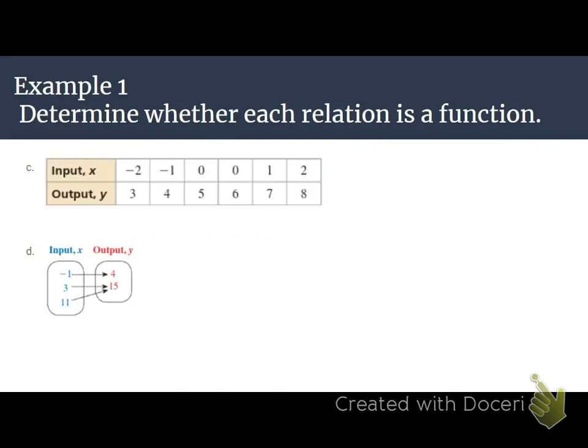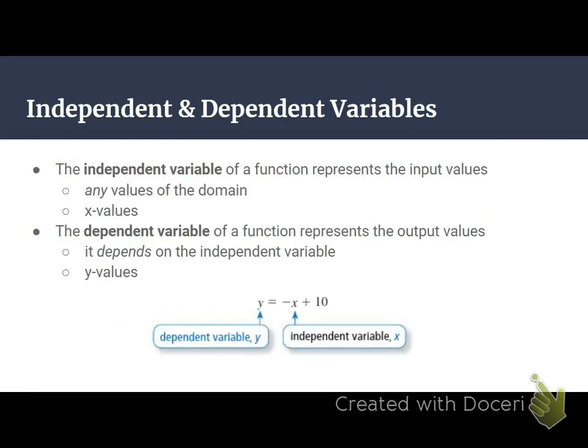Okay, so we're ready to go back to our independent and dependent variables. So we're on that last page of your guided notes. The independent variable of a function represents the input values. So that means any values of the domain, they will be x values.